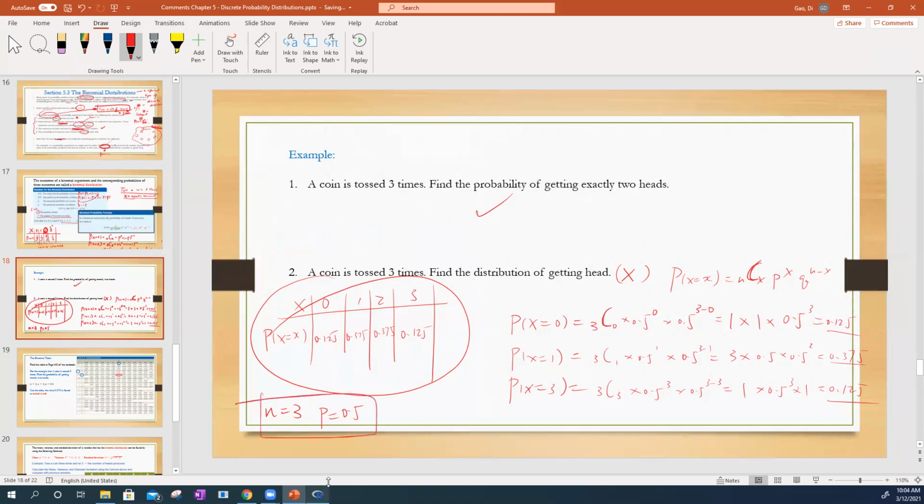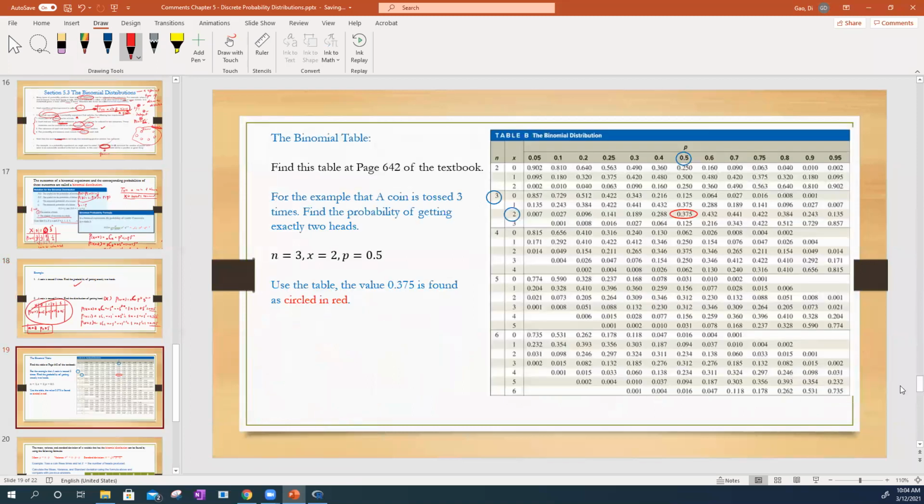We can use a computer to calculate all kinds of combinations between n and little p, and store them in a table that is called the binomial table. So for the previous one, we have n equals 3. We circle that here, and then probability equals 0.5.